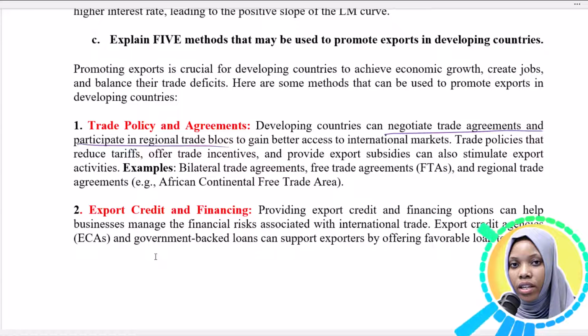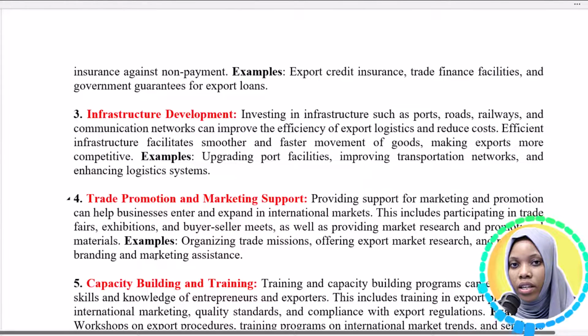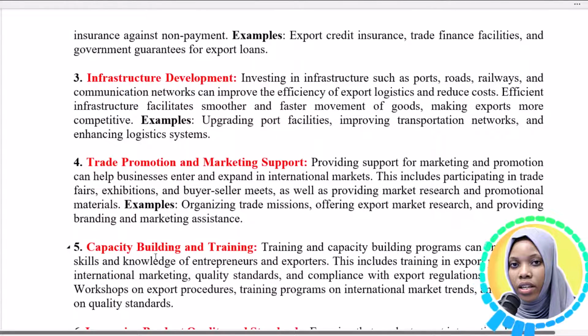Another method that they use is export credit and financing. Providing export credit and financing options can help businesses manage the financial risk associated with international trade. Another method is infrastructure development.